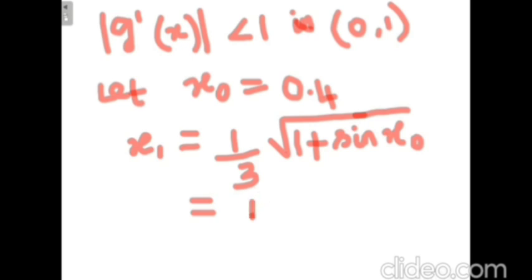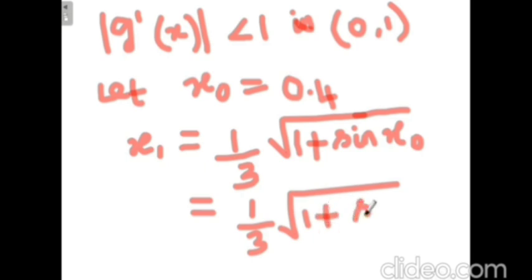I am repeating, let x naught equal 0.4. I am taking it on a trial and error basis from the interval 0 and 1, since in the interval 0 and 1 the convergence is satisfied. So x1 equals 1 by 3 root of 1 plus sine 0.4.